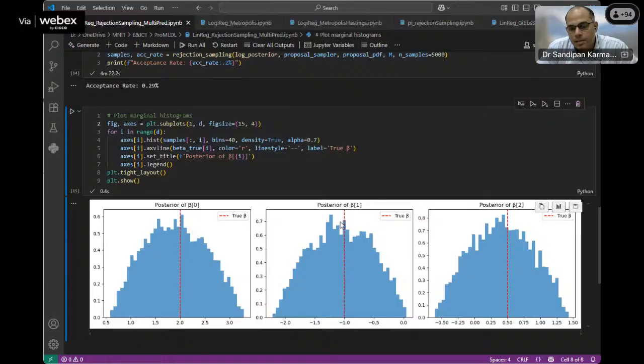Whereas for the posterior of beta 1, the true value is -1, and the mode is around -1.335. And the last one is the posterior of beta 2. It is almost at the mean, a little bit on the higher side, around 0.46, and the mode is also around 0.4647. So beta 2 is quite good, but beta naught and beta 1 are not that good.